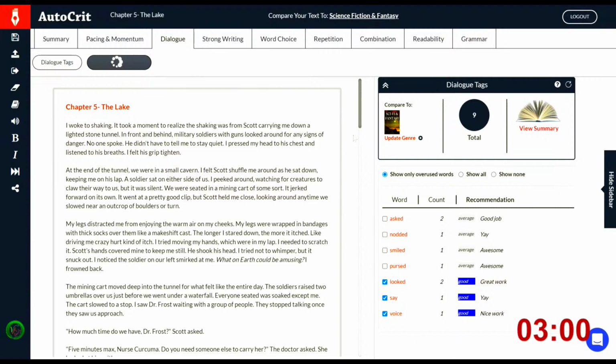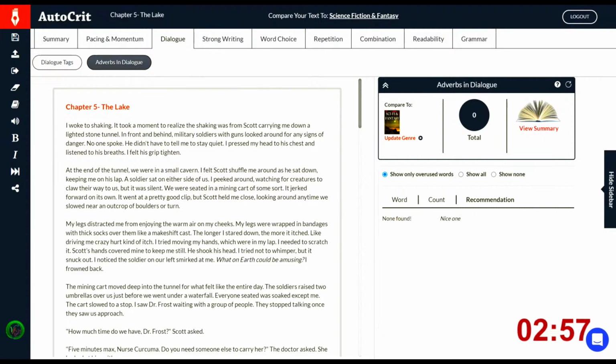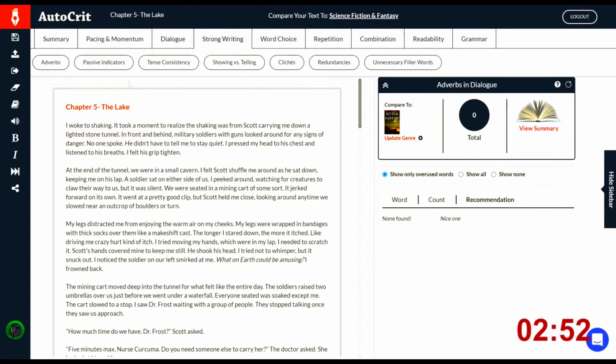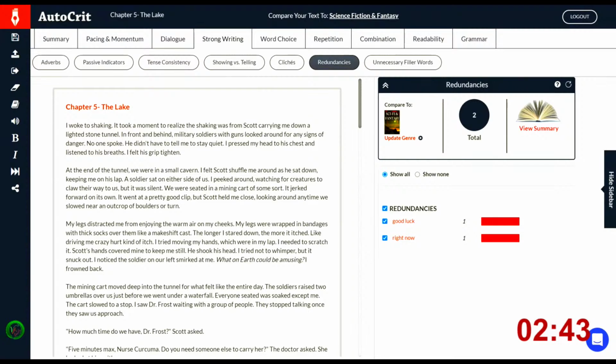Is there any in here that are adverbs? None found. We're good with that. Does anyone know what this is? Two, not bad.